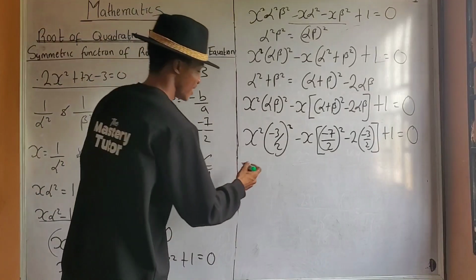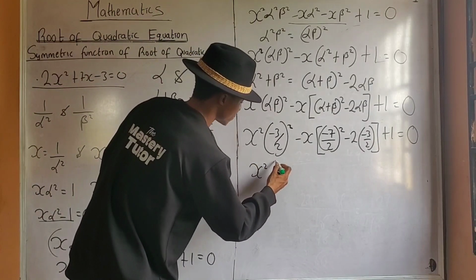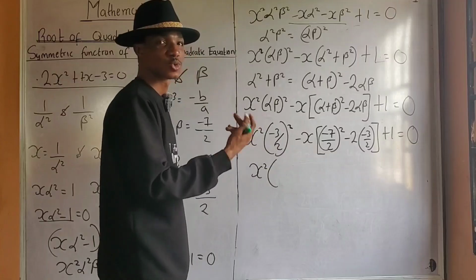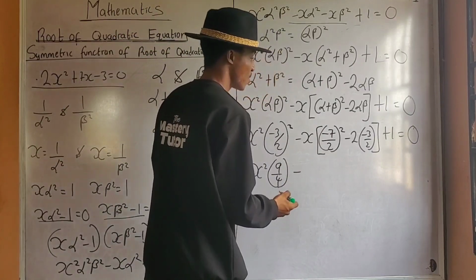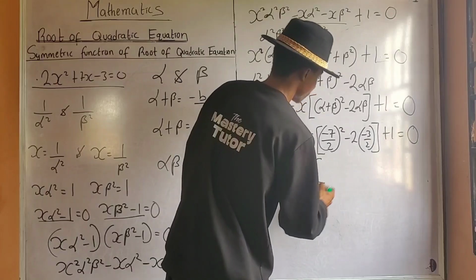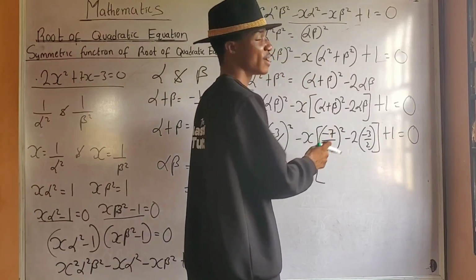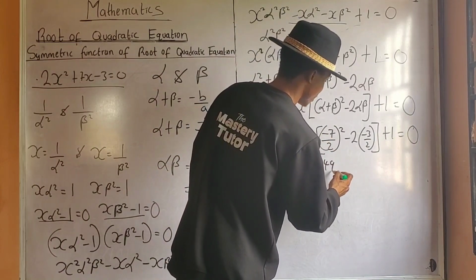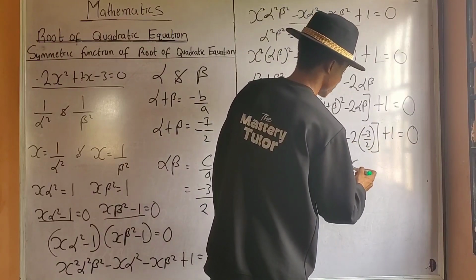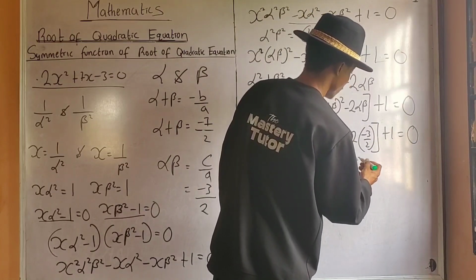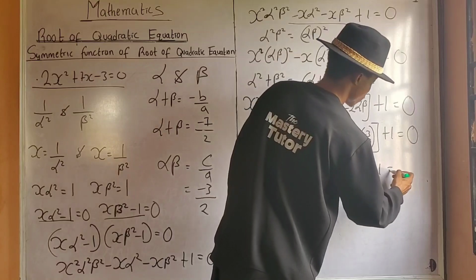Okay. Here I'm going to have x squared multiplied by -3/2 squared, that is 9/4, minus, let us simplify, -7/2 squared, that is 49/4, plus 6/2 plus 1 equals to 0.